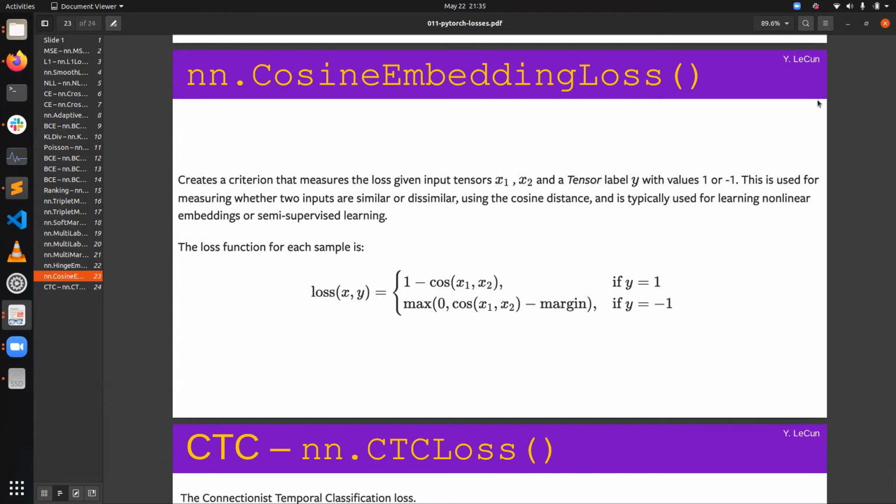Yes. He even refers to this as normalized Euclidean distance. Yeah. So for positive cases, what this achieves is it makes the vectors aligned in the same direction, and for the negative cases it tries to bring them apart, at least by this margin. Okay.